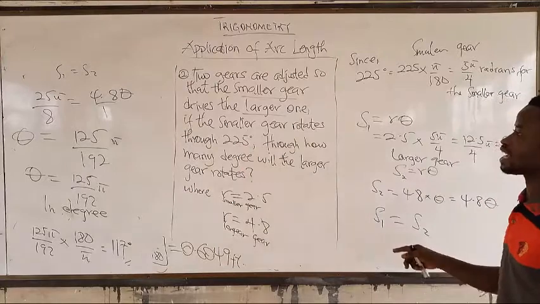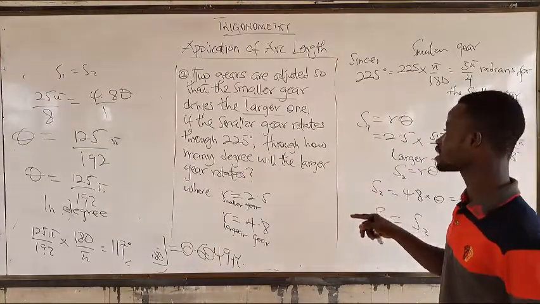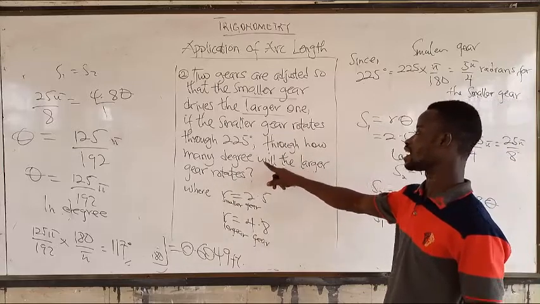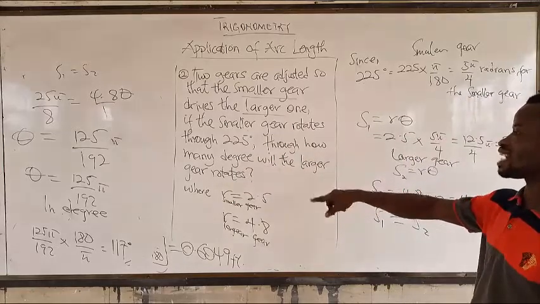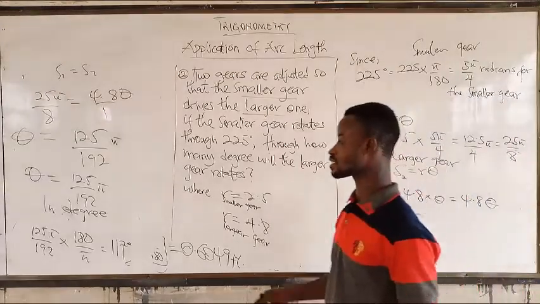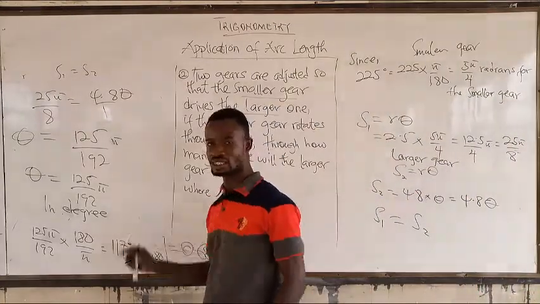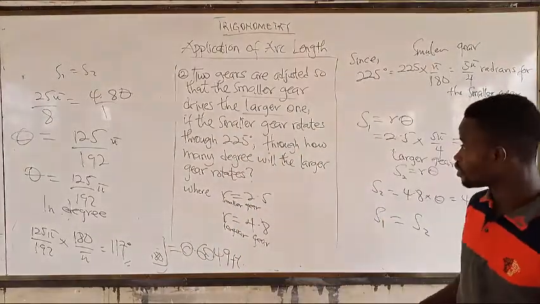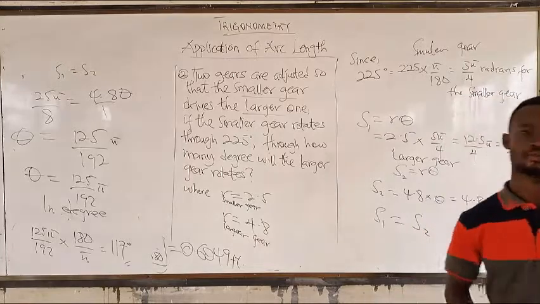So for the larger gear, we have to find through how many degrees the larger gear will rotate. So the larger gear is going to rotate 117 degrees. So that is going to be your conclusion for that. We will be looking at the third question.